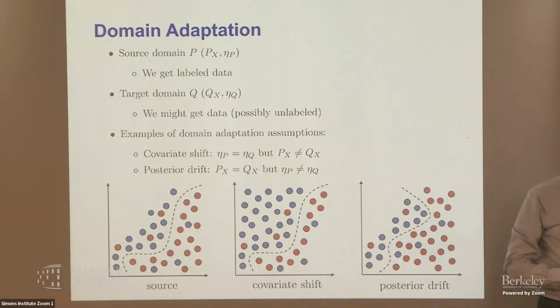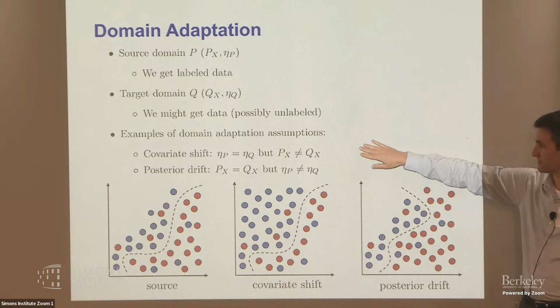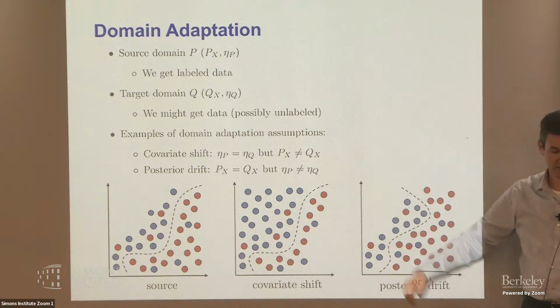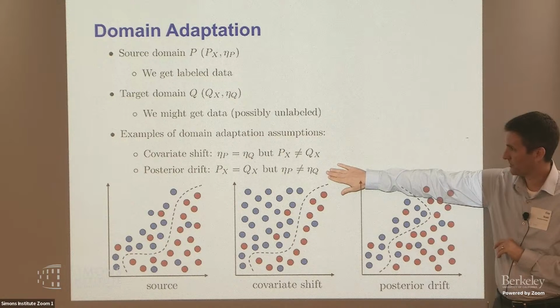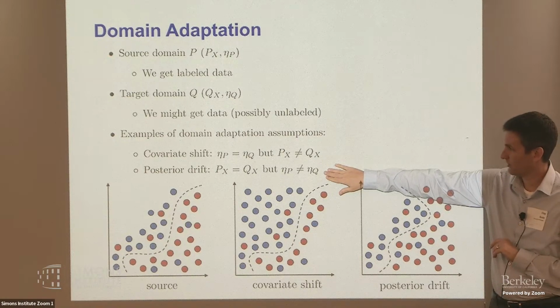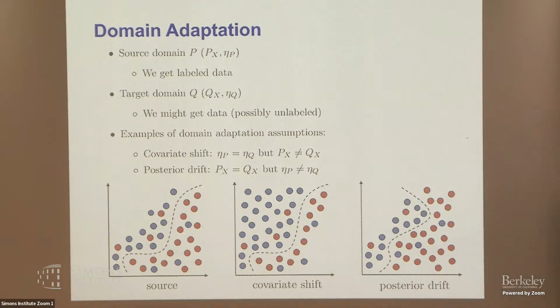Without any assumption, of course, you can't make any real traction on this problem. So it's common to make different kinds of assumptions. For example, the covariate shift assumption assumes that the source and target posteriors are the same, but the X marginals could be different. There's another one called posterior drift, where the X marginals are the same, but the posteriors may differ.